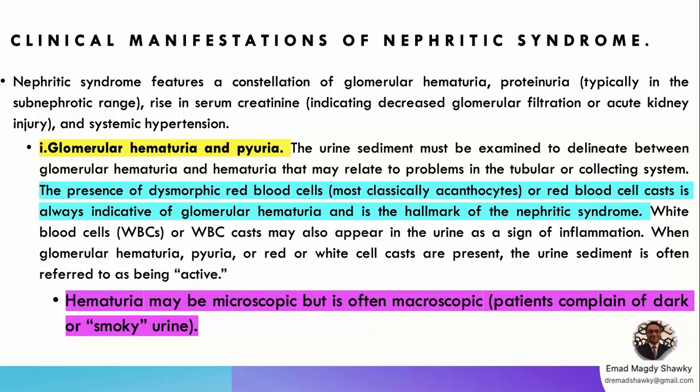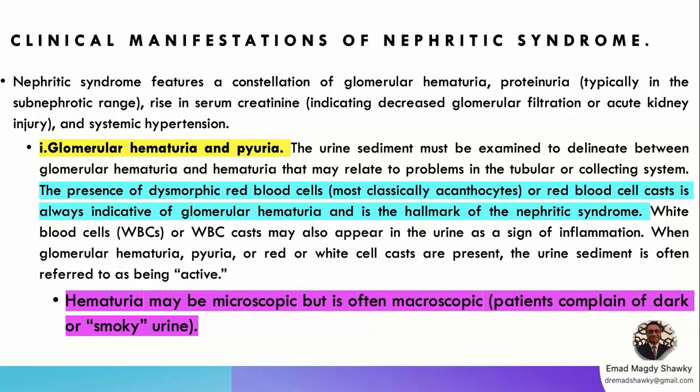If you got the idea from the previous slides, it will be very easy. Nephritic syndrome is a constellation of glomerular hematuria, proteinuria, but typically in the subnephrotic range, rise in serum creatinine, and systemic hypertension.